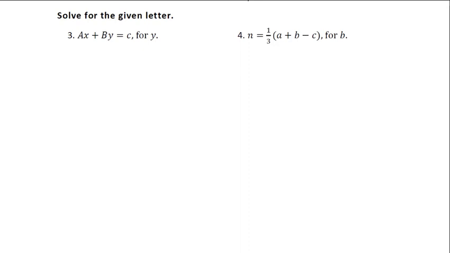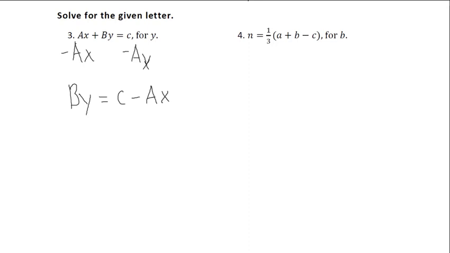So we have the BY and AX, so we've got to get rid of that AX. That's addition, so we're going to get rid of it by subtracting AX from both sides. And now we have BY equals C minus AX.